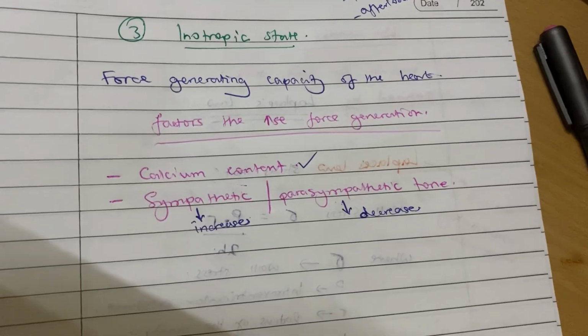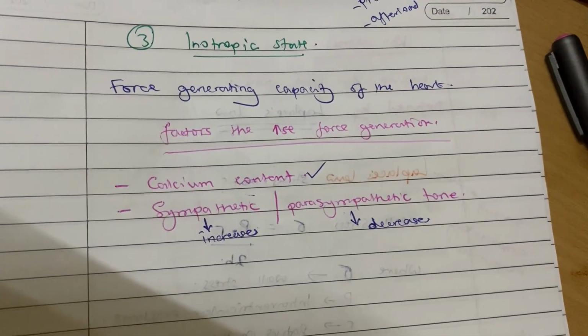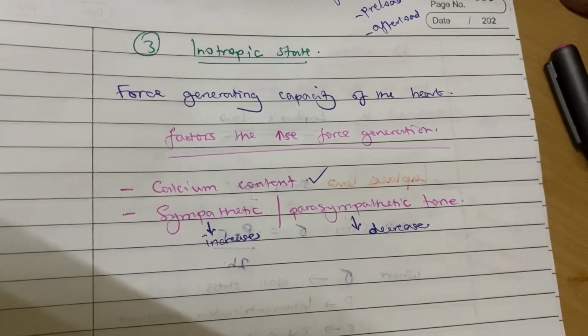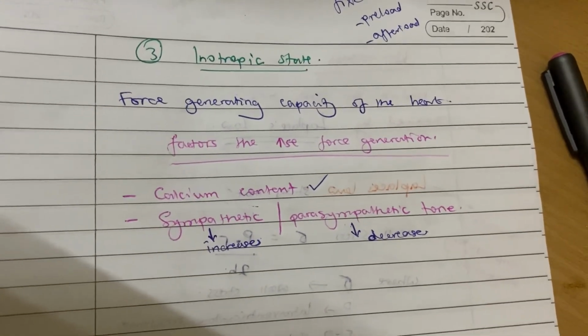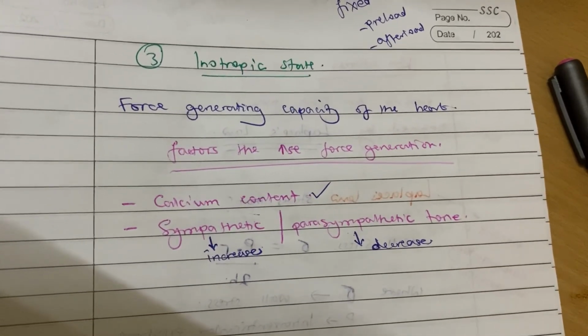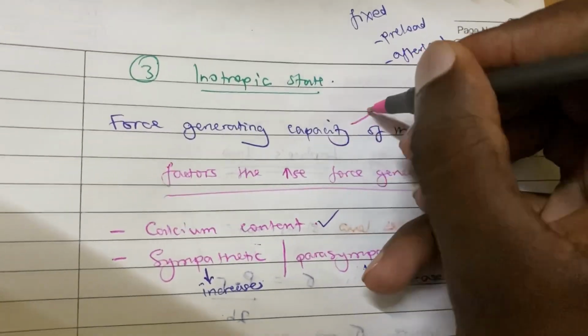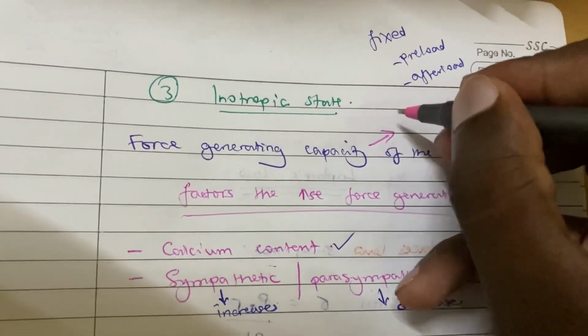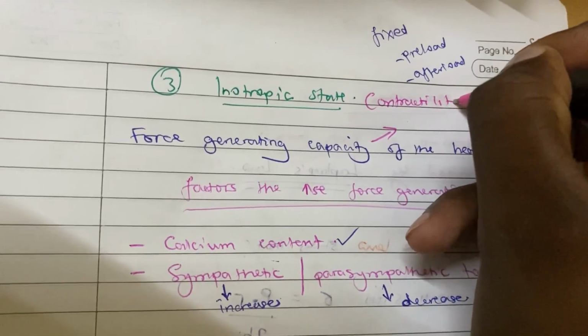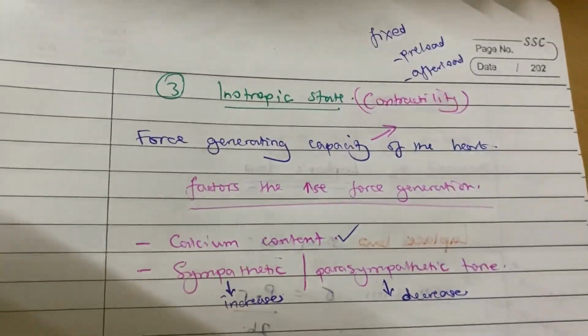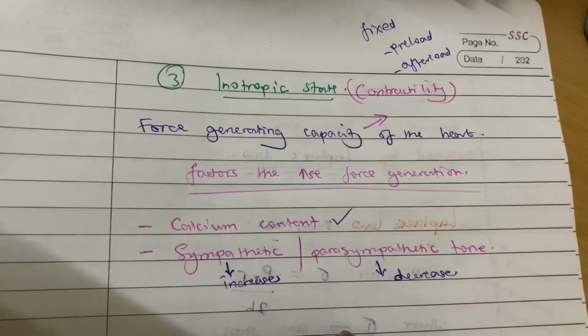We increase mean arterial pressure and cause vasoconstriction, but we should also increase the contractility of the heart. How the heart is contracting, you should increase.